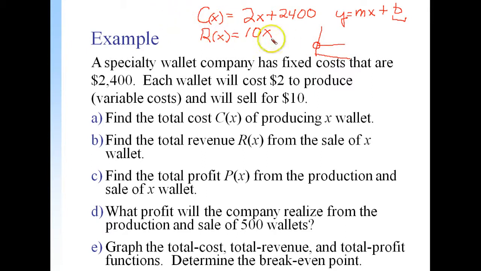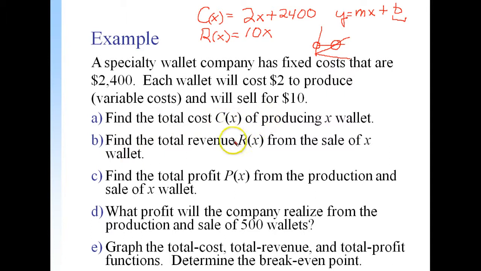And then your sales would be like so. And again, where they intersect, that is your break-even point, where you're taking in enough money to cover your cost. Above this point are your profits. Okay? So let's take a look.